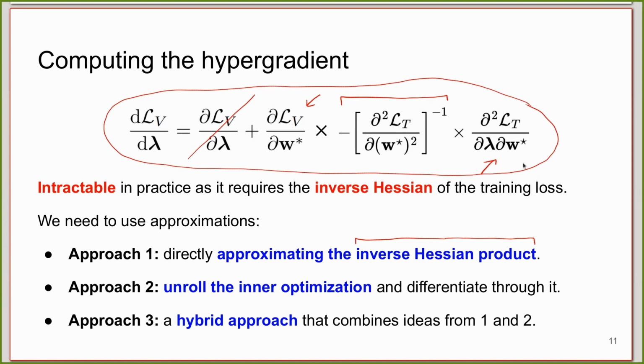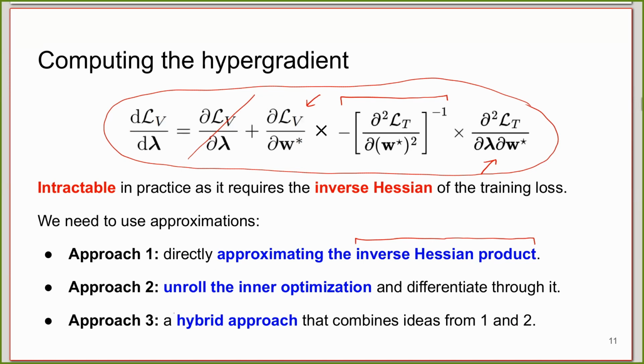And there are different ways that you could approximate that. You could think about approximations of the inverse Hessian and use those. There is another thing that you could do. You could say you just optimize W through many steps, and then you backprop through all those steps to get how W star would change as a function of lambda. Okay, you could be training for many steps to obtain W star, and then you backprop through all that process to obtain the derivative of W star with respect to lambda.